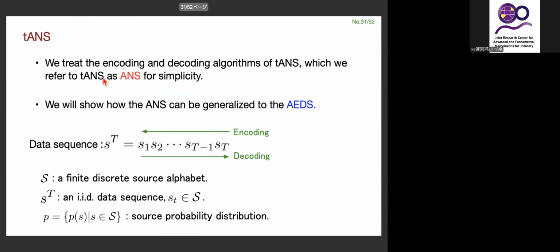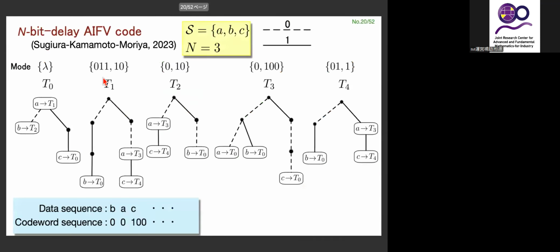On the other hand, AIFV code uses several code trees. Because we use a number of these code trees, we can improve the coding rates over the Huffman code. But usually in AIFV code, we use 2 or 3 or at most less than 10.